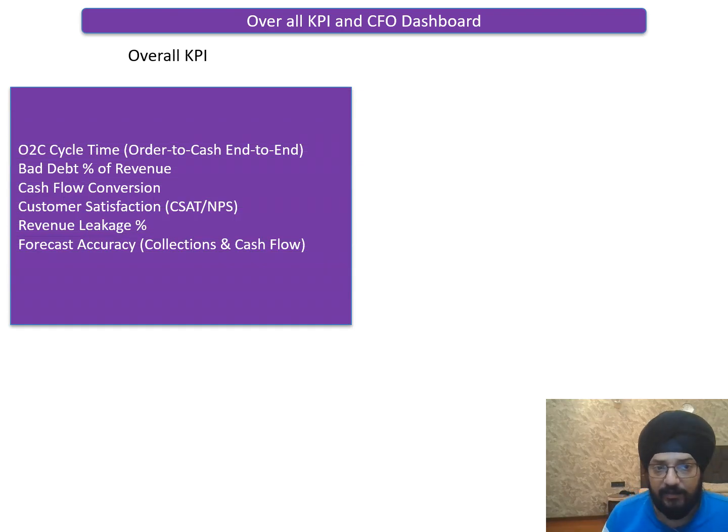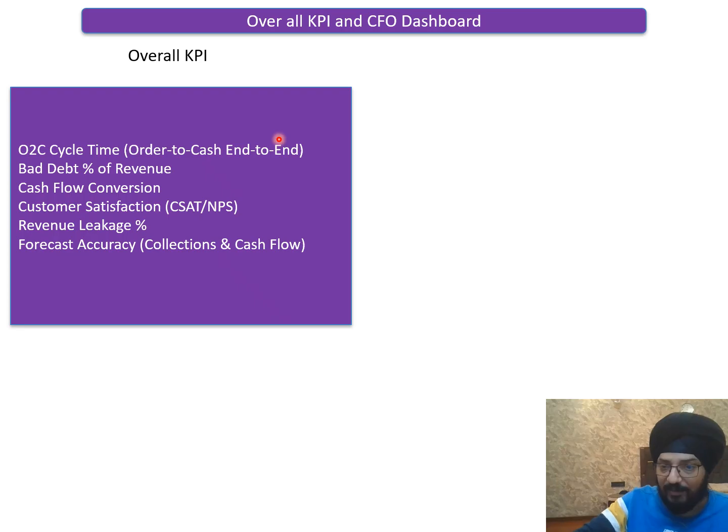So, overall KPIs. As part of a process, a global process owner is the person managing the process end to end. How can he establish whether his process is running fine or not? First, O2C cycle time. A cycle time is defined at each product level and each customer segmentation level, and it varies from customer to customer and industry to industry.